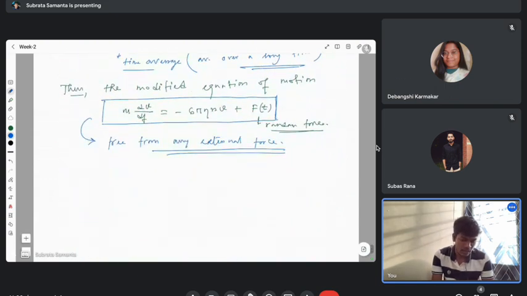When we connect the system with a heat bath at a particular temperature, due to this temperature the particle movements are allowed, and due to this movement we have this velocity.